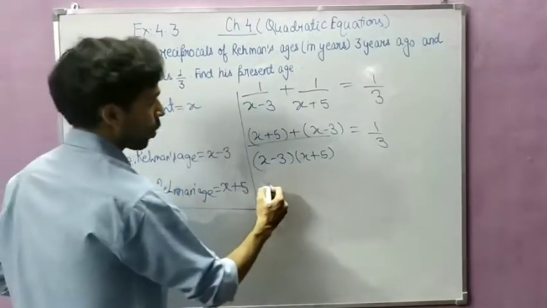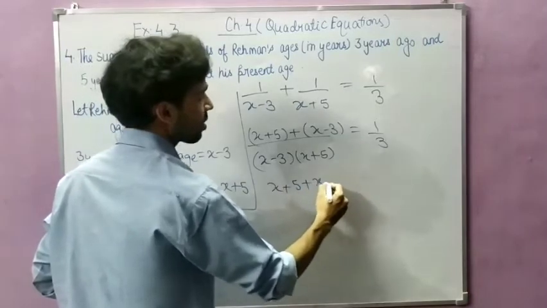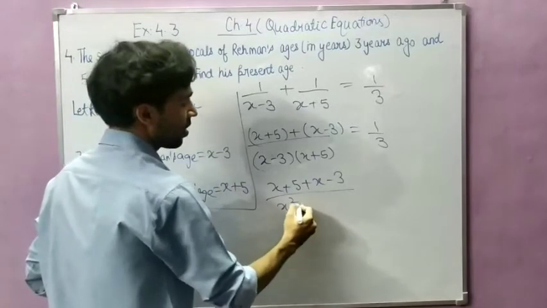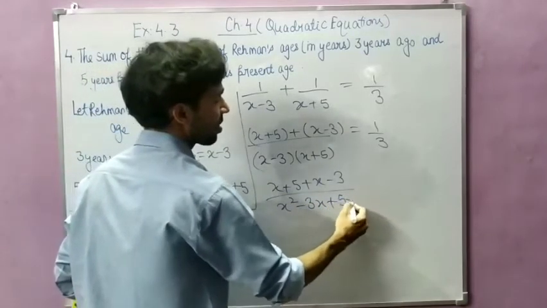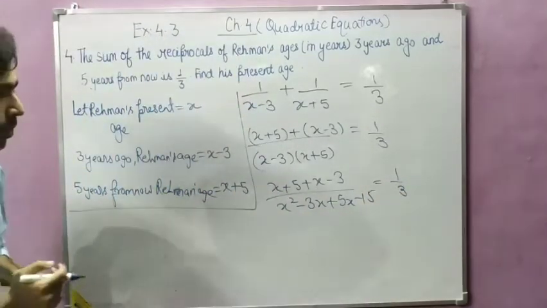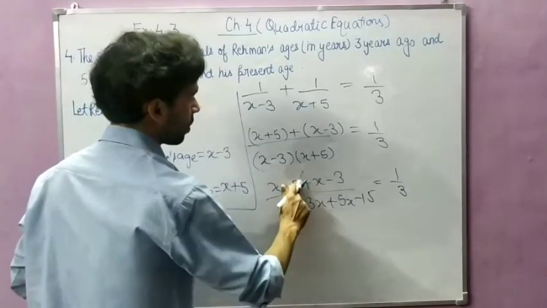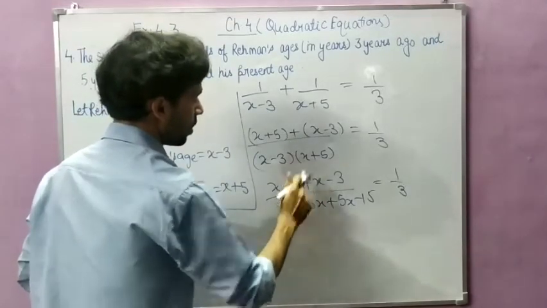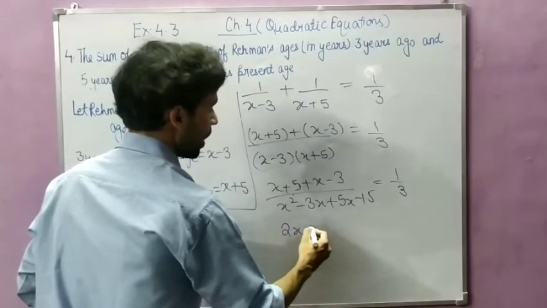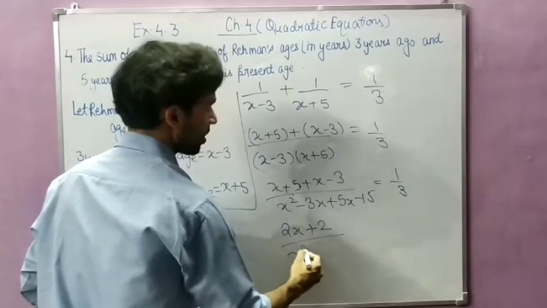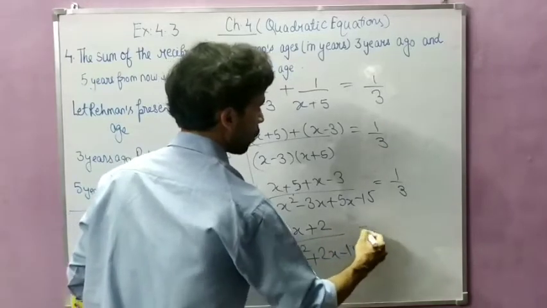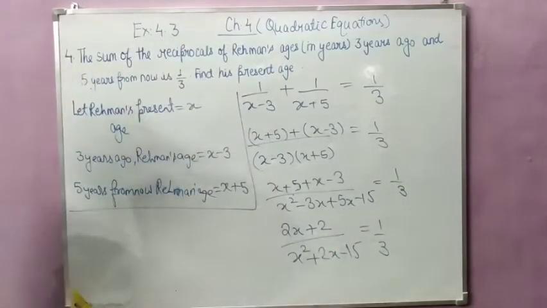Now solve it: x plus 5 plus x minus 3 upon, multiplying it, x square minus 3x plus 5x minus 15, equal to 1 by 3. Nothing will be cancelled. Now when you solve it, you will get 2x plus 2 divided by x square plus 2x minus 15 equal to 1 by 3. This much you got from this.